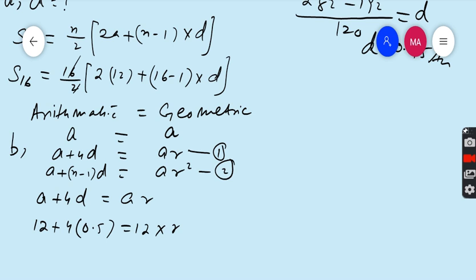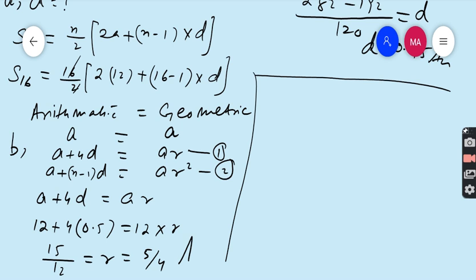So 12 plus 4 into 0.75 is 15, and 12 must be divided by r. 15 upon 12 is, 3 fives are 15 and 3 fours are 12, that is 5 upon 4. So the first requirement has been fulfilled, the common ratio is 5 upon 4.